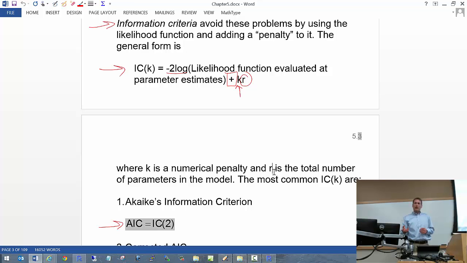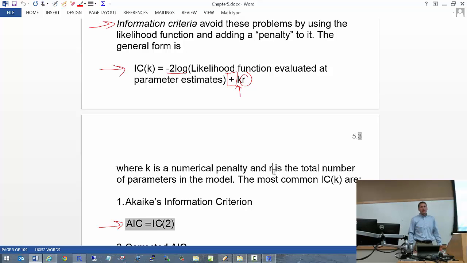Also included in it is a penalty for having too many variables, essentially, in your model, maybe variables or terms that are not needed. And what we said last time was that the smaller the information criteria is, the better the model. So you can almost say the best model overall is the one that has the smallest information criteria.